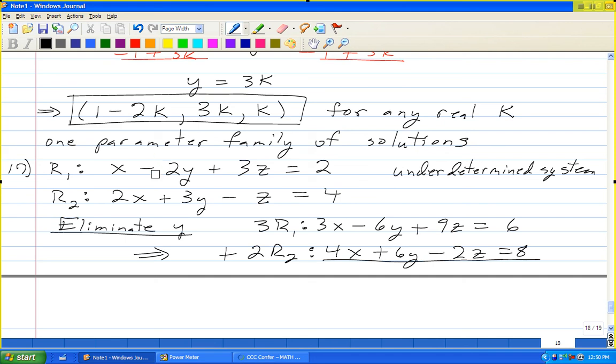Notice that one has a negative sign, the other a positive sign. Since they differ in signs, I can just put a plus in front of both of these.